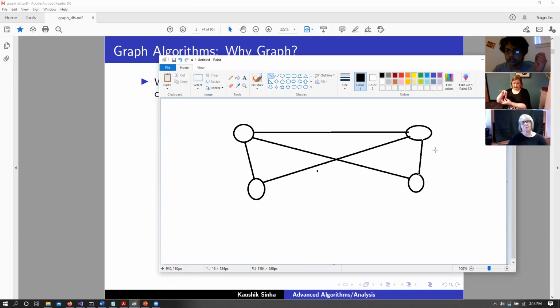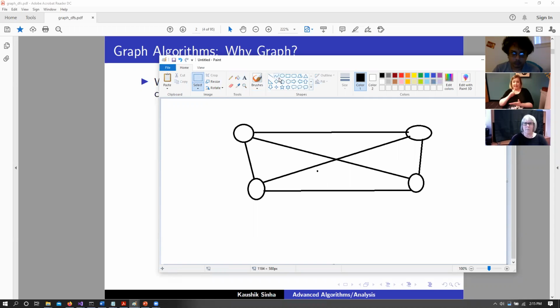So the second node is also connected to all the 3 other nodes, and this particular node is already connected to these 2, and we have another connection here. Now, if we reorient this graph, does everyone agree that this is a planar graph? Yes. Perfect. So everyone agrees that this is a planar graph.